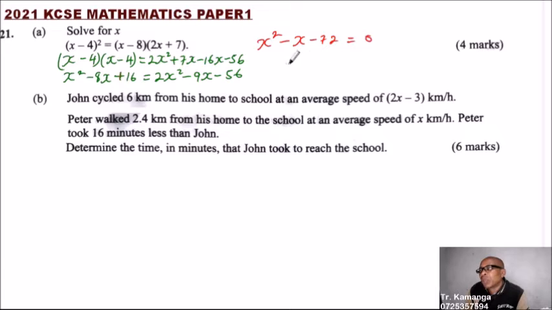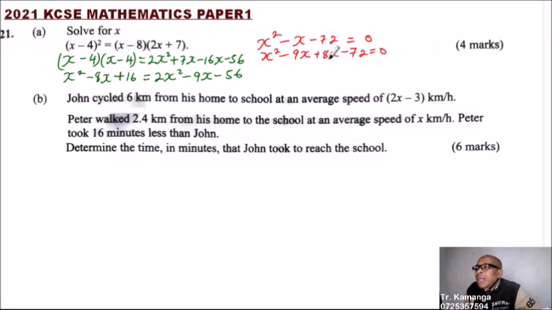Minus 72 is equal to 0. So this is a quadratic equation, and you can solve it using the factor method. Say this is x squared minus 9x plus 8x minus 72 equals 0. We have just modified it.